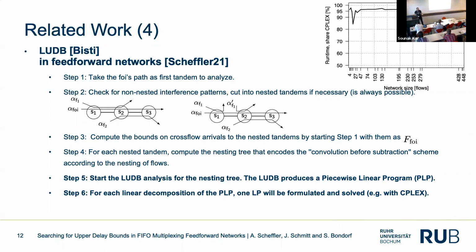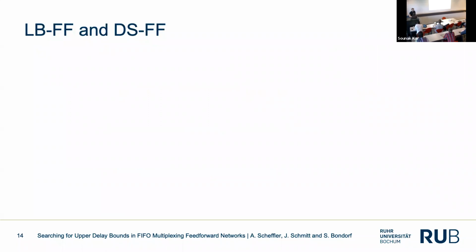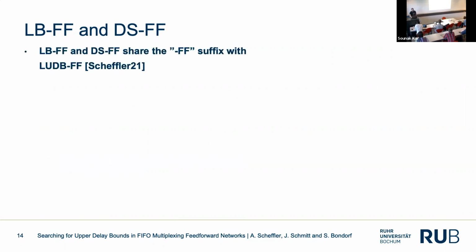Can we get rid of the optimization? Can we replace it with something? And this is what Alexander was working on. Published in the paper is a search-based algorithm. It's basically split in two parts. One is called LBFF, lower bound, and the other DSFF, direct search, and FF because it was embedded into the feedforward analysis.